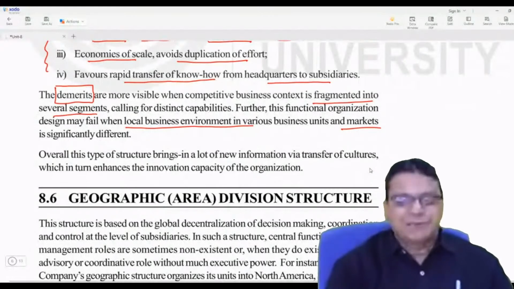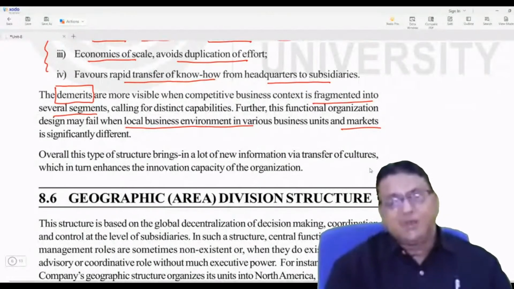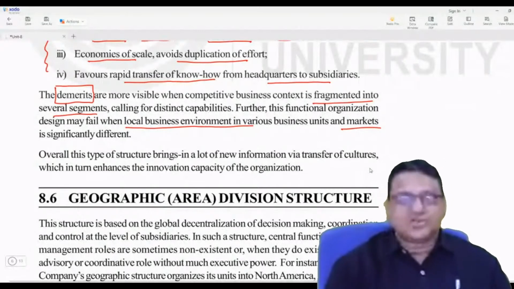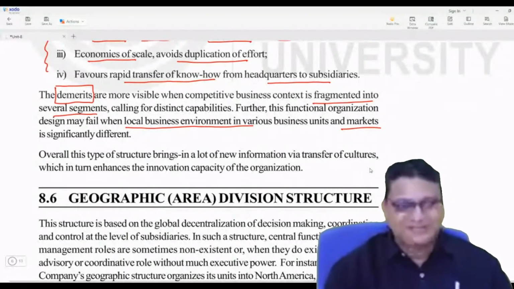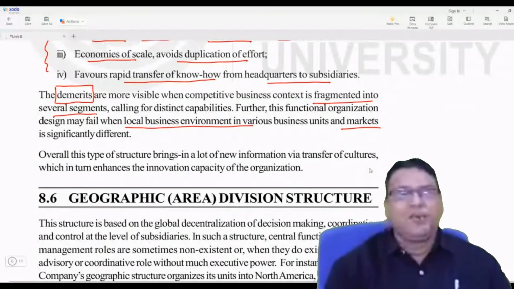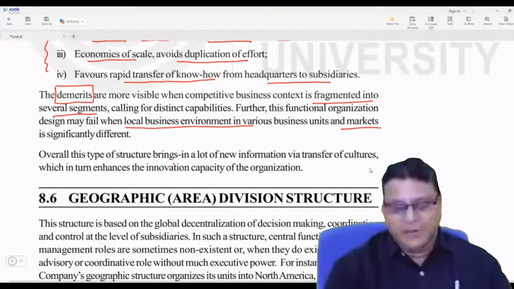So global functional strategy is suitable only when the market is not dynamic, when the customers are not very demanding, and the business environment is more or less stable in nature. In that case, you will adopt global functional strategy. There are many merits.